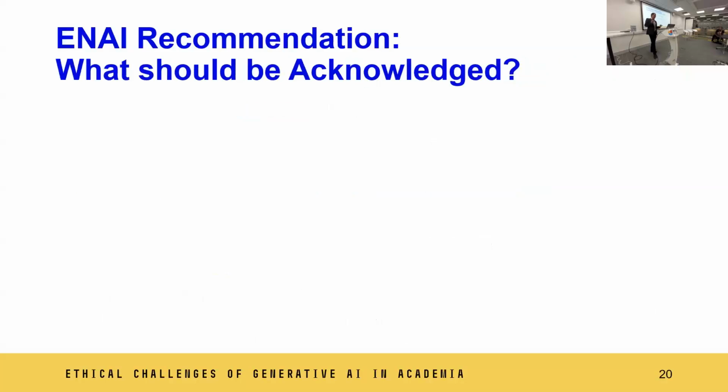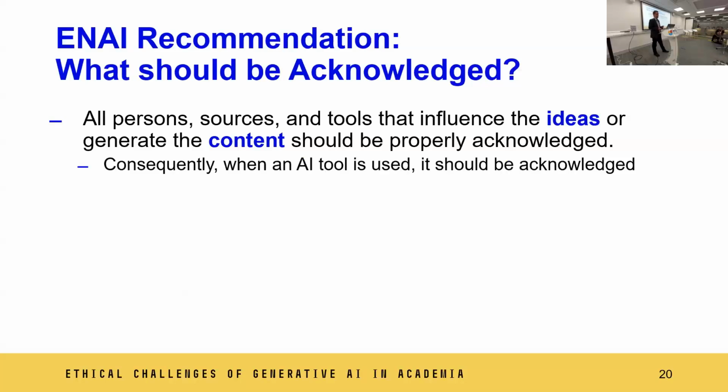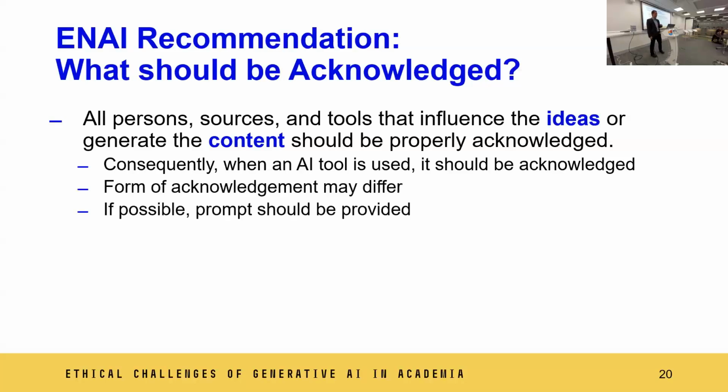Then the question is, what should be acknowledged? Where's the borderline on what should be acknowledged and what is okay to use without the need for acknowledgement? And our recommendation is that whenever it influences the content or ideas, it should be acknowledged. So consequently, the AI tools, if they influence the content, should be acknowledged.